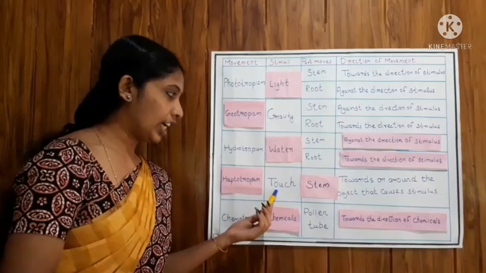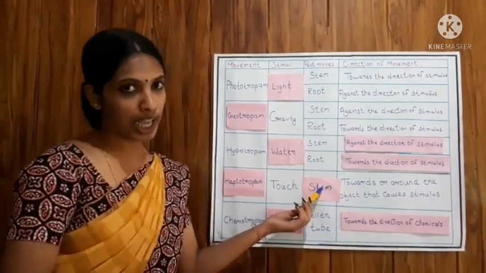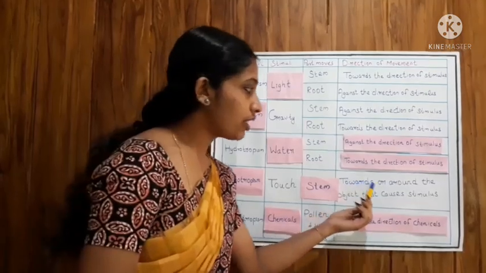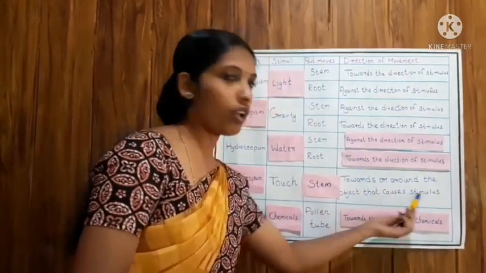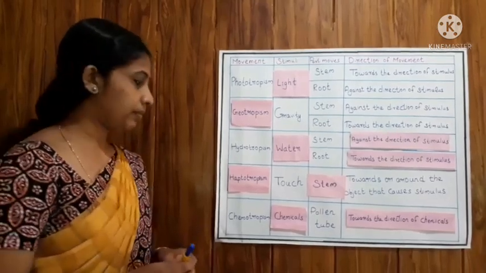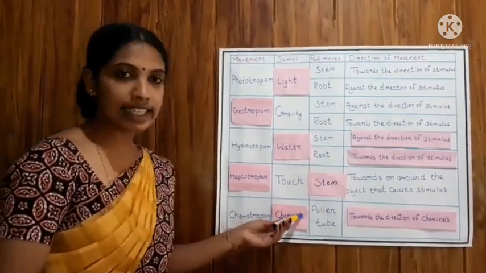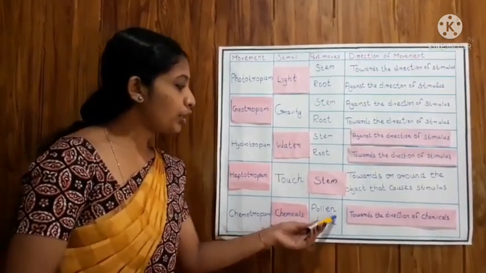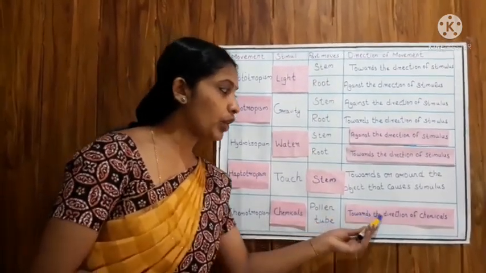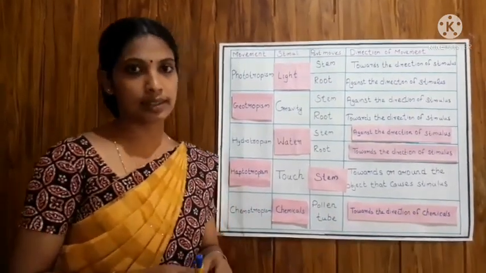Stimulus is touch. Stem is the plant part that moves and the stem grows towards or around the object that causes stimulus. Last one is about chemotropism. Here the stimulus is chemical. Pollen tube is the plant part that moves and the pollen tube grows towards the direction of chemicals.